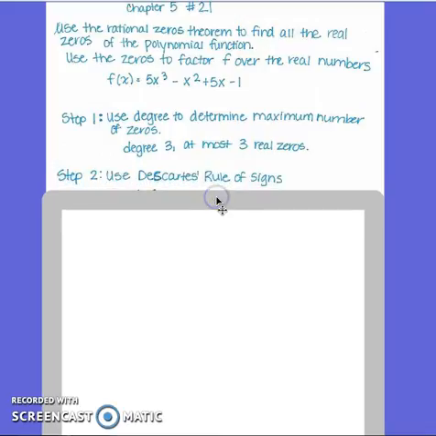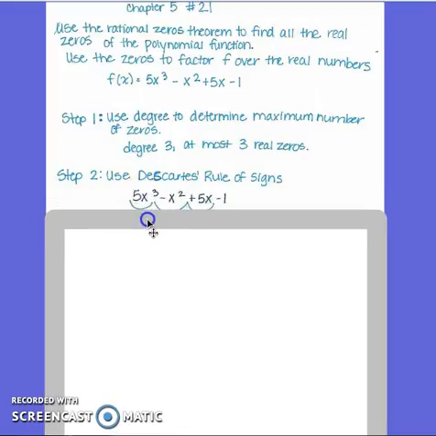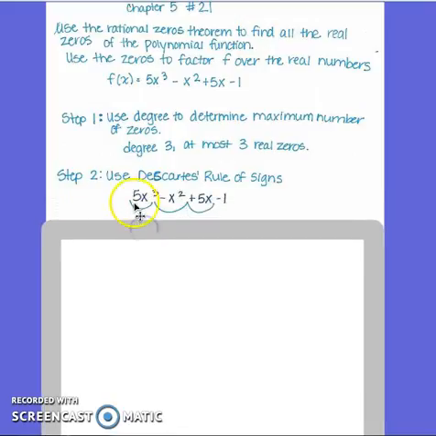Step 2. Use Descartes' rule of signs to solve for the positive and negative possible real zeros. Okay? So this is the original function. I rewrote it. We are going to use Descartes' rule of signs to find how many possible positive real zeros there are.